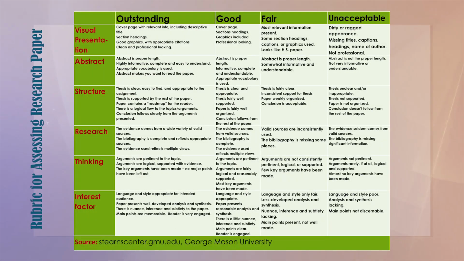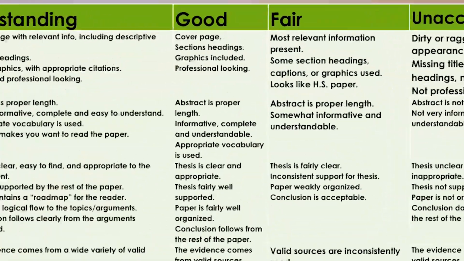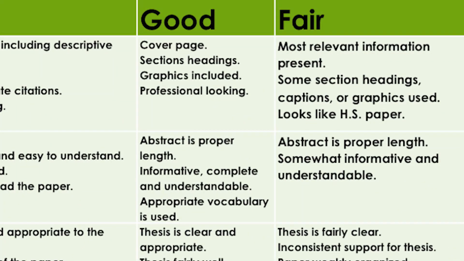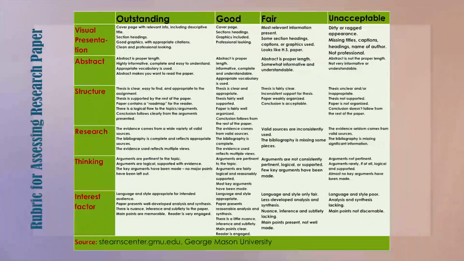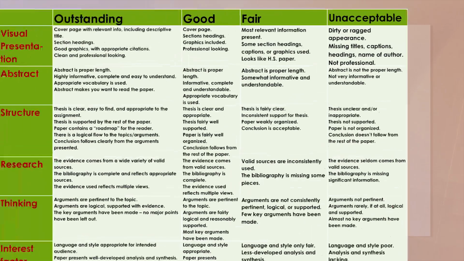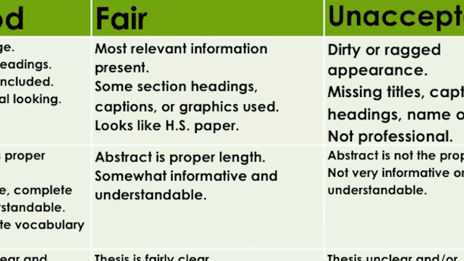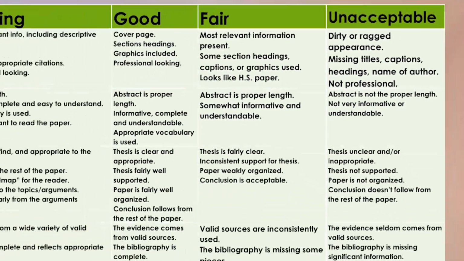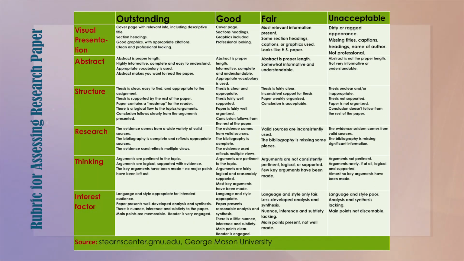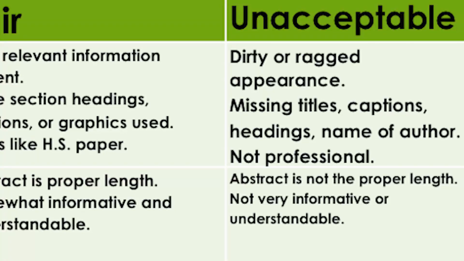The description under the level good is: abstract is of proper length, informative, complete and understandable. Appropriate vocabulary is used. The description under the level fair is: abstract is of proper length, somewhat informative and understandable. Under the level unacceptable: abstract is not of proper length, not very informative or understandable.